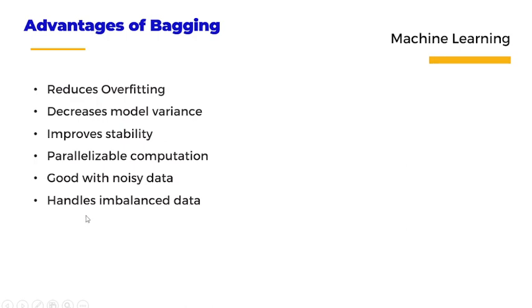Bagging can help in scenarios where the data set is imbalanced, improving the performance of the model in such situations. The last one is that it is easy to understand and implement. The concept behind bagging is straightforward and can be implemented without complex modifications to the learning algorithm. These are the advantages of the bagging technique.